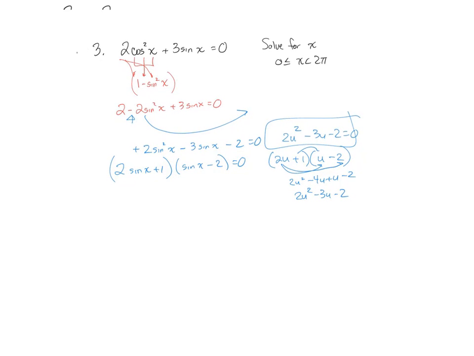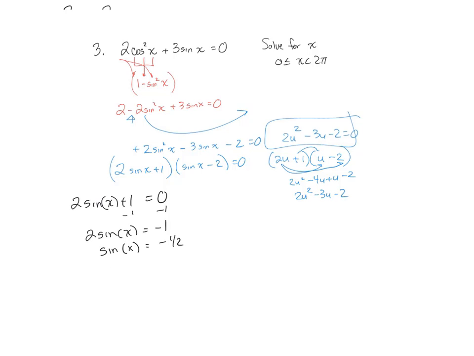So let's do that. I have 2 sine of x plus 1 is equal to 0. Subtract your 1. 2 sine x equals minus 1. Sine x equals minus 1/2, and that we already solved. And we found that x was equal to pi over 6, and nope, that's not right.